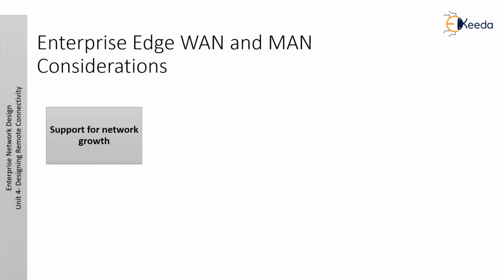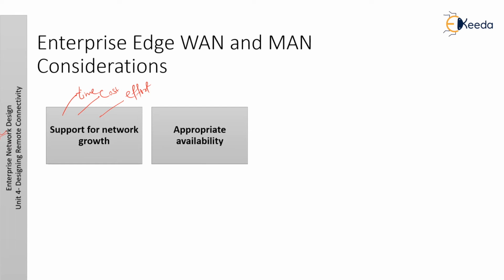So it requires more time, more cost, and more effort. Then comes appropriate availability. Businesses heavily affected by even the smallest disruption in network communication should consider high availability, an important characteristic when choosing a connectivity technology.